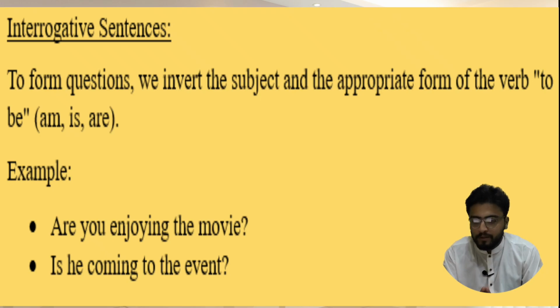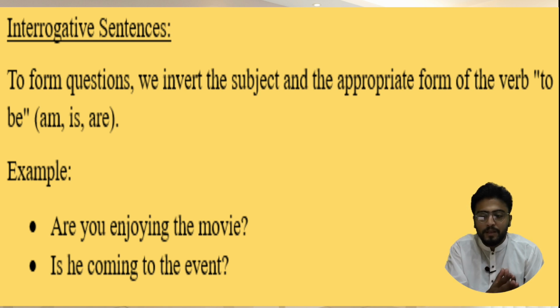Let's talk about interrogative sentences. It is telling that to form questions, we invert the subject and the appropriate form of the verb to be. We invert the subject. It means that we actually replace. What did we do in the positive and negative sentences?